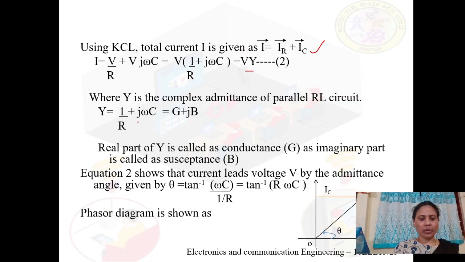Here G is 1 by R and B is omega into C, where G is called conductance and B is called susceptance.